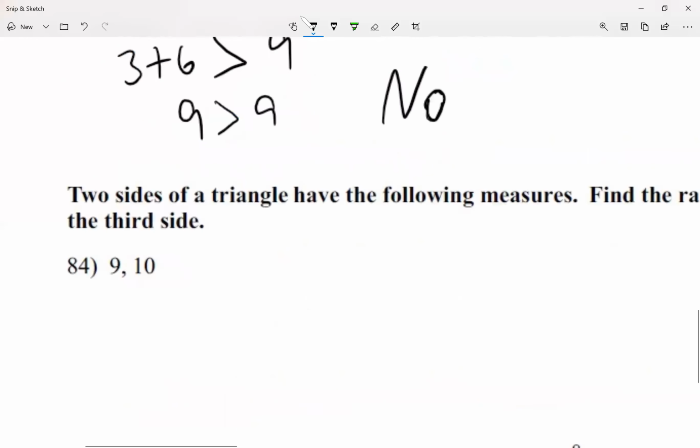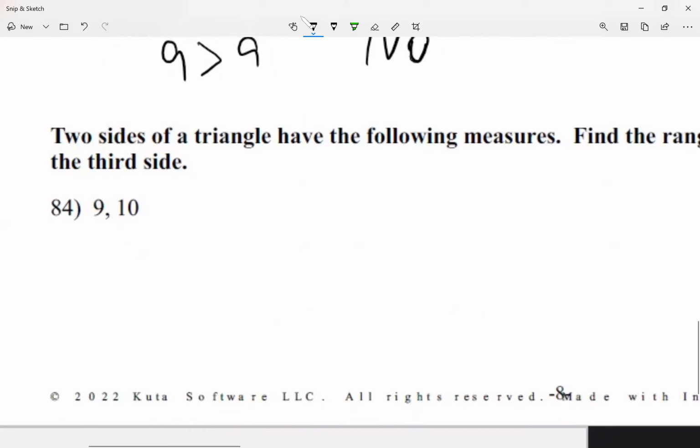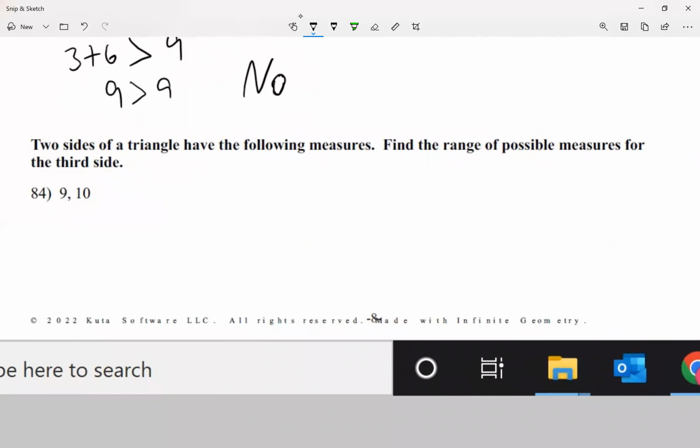All right, let's take a look at number 84 now. 2 sides of a triangle have the following measures. Find the range of possible measures for the third side. All right, the third side is X, right? I'm going to call it X. It's in between 2 numbers. In this case, I'm going to say it's in between 1 and 19. And I came up with that from these 2 numbers.